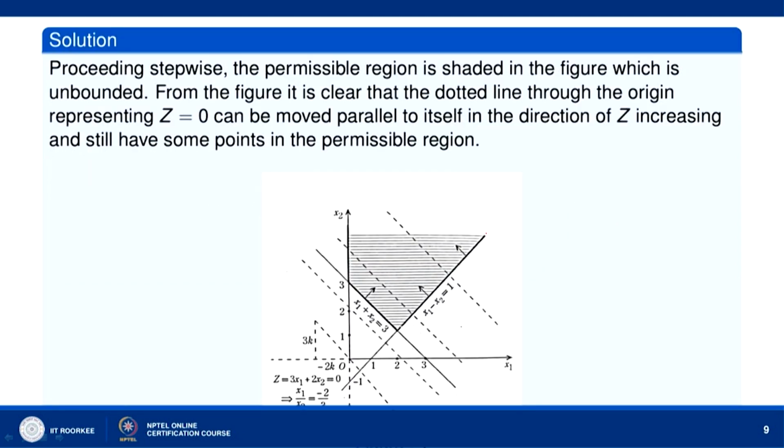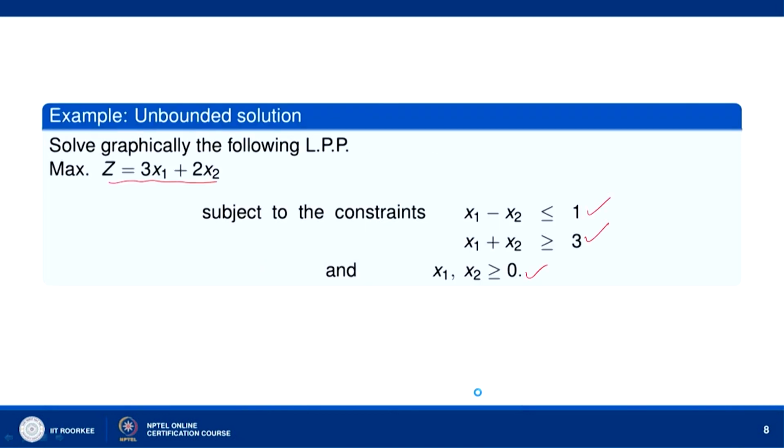So, this is x 1 minus x 2 equal to 1, and this is x 1 plus x 2 equal to 3. And the inequalities are x 1 minus x 2 less than or equal to 1.